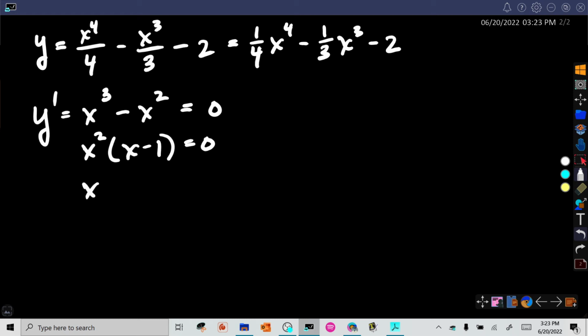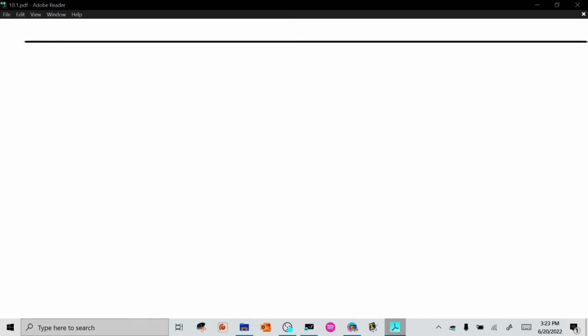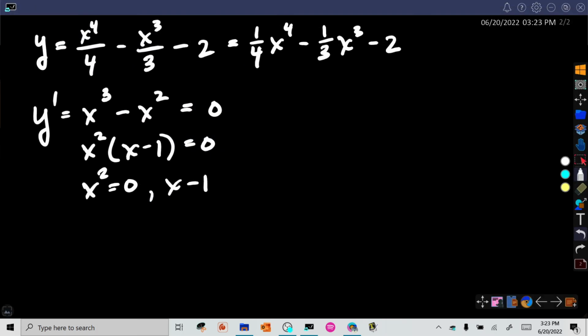So an x squared equals 0, and then I'm left with an x minus 1. X minus 1 equals 0. So here we're going to get x is equal to 0 as our critical value for this one, and then over on the right we're going to get x is equal to a positive 1. Okay? So here are our critical values.